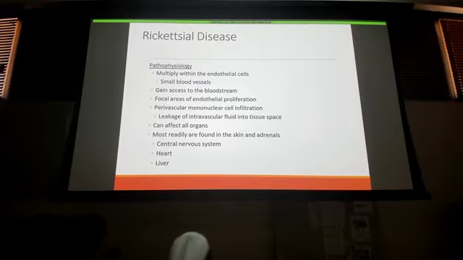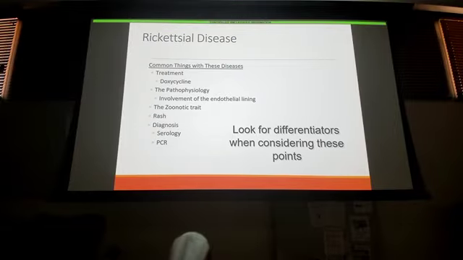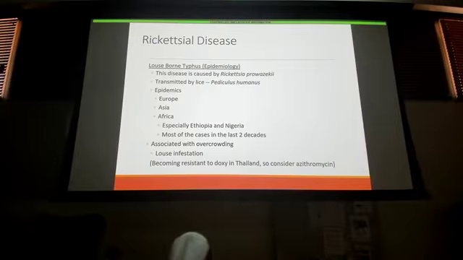And so it's pretty complicated disease processes here. Treatment is Doxy. I love Doxy. I also like Doxy the dog too. But doxycycline tends to work well with all rickettsial diseases. And again, the endothelial lining is what's impacted here.